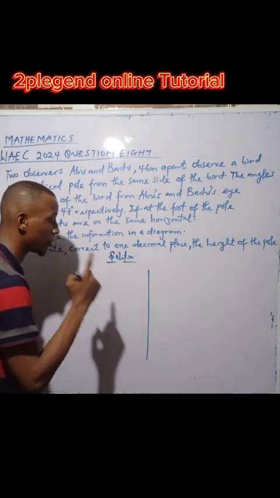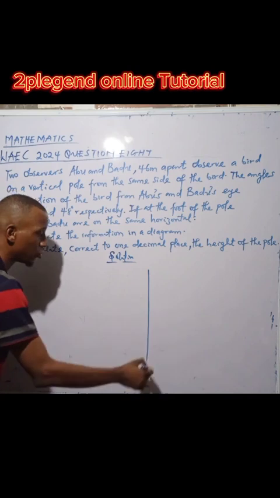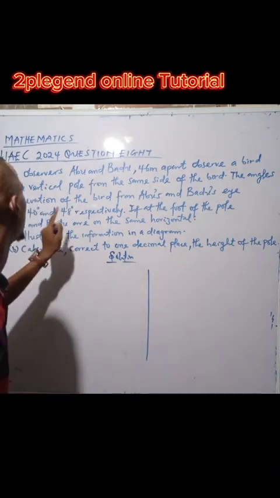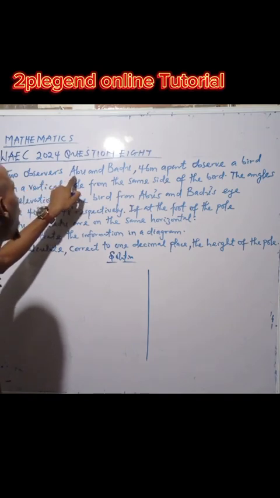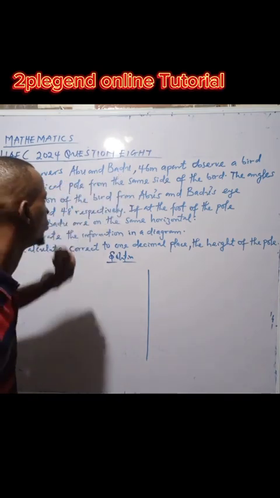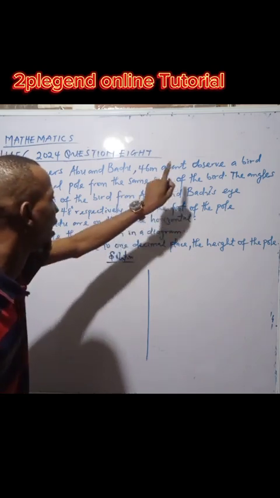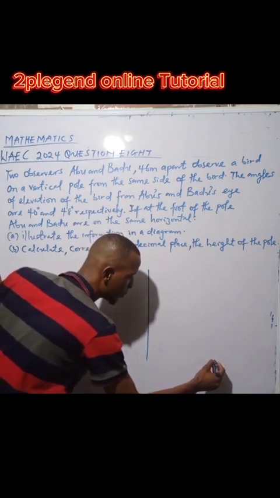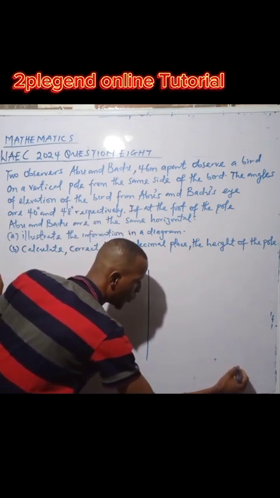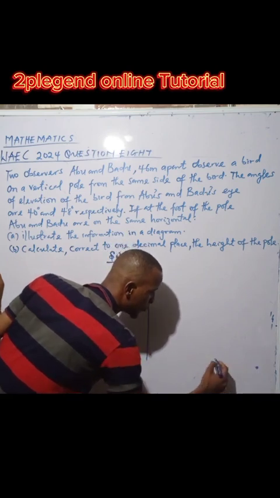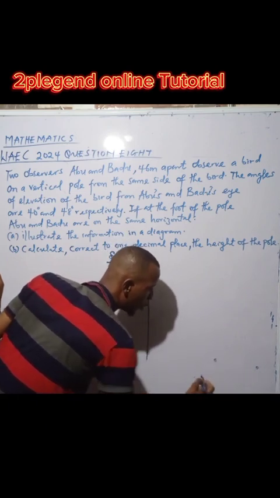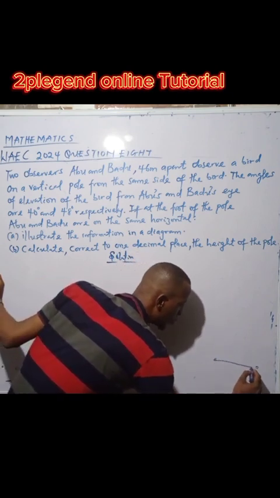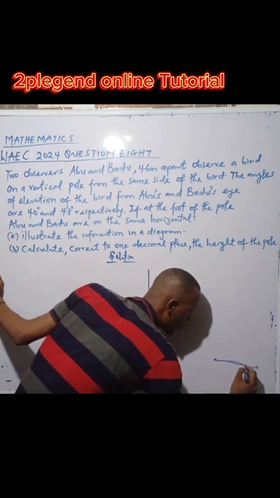We use lines to represent them. So we're made to understand that Abu and Badu are 46 meters apart. It means that we have a point, we have another point. That means the distance between the both of them is 46 meters.